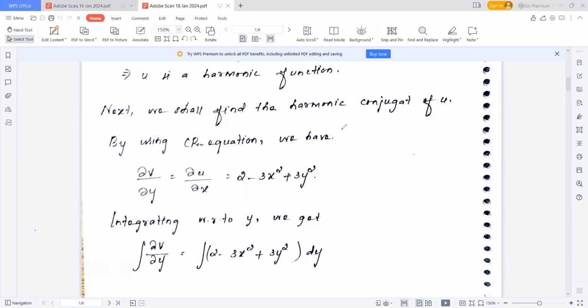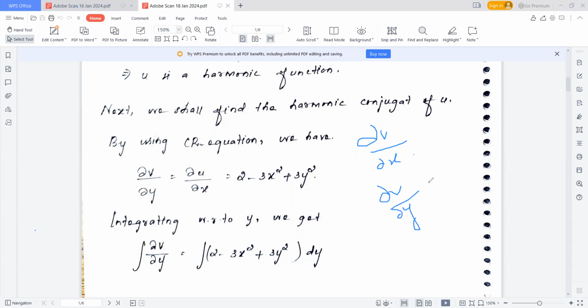So using the CR equation, first we will find dou v by dou x and dou v by dou y. If you are going to use this part, then you can use this one.